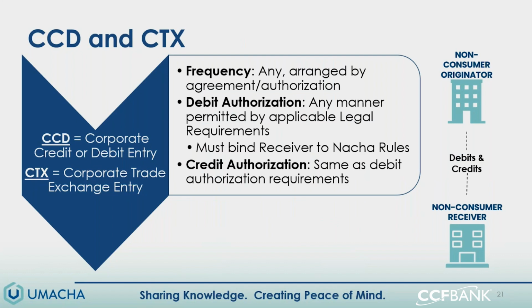Credits, very similar. We just have to make sure that we're legally obtaining all of that information and that authorization. So beyond that, it can be part of another agreement. It can be a form. There's not as many requirements as there are over on the consumer side.